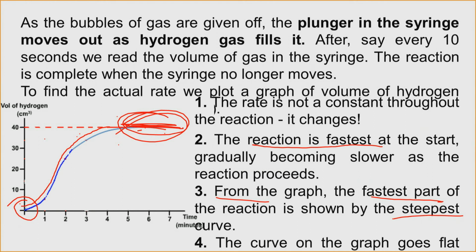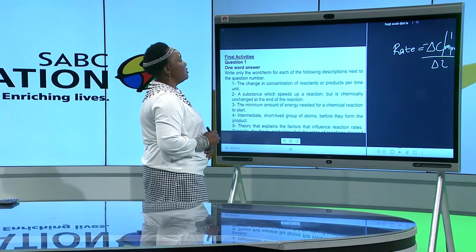What does that mean? It means the rate of reaction is high. When it curves and becomes flat, it means your reactants are being used up and the reaction is completed or it stops.